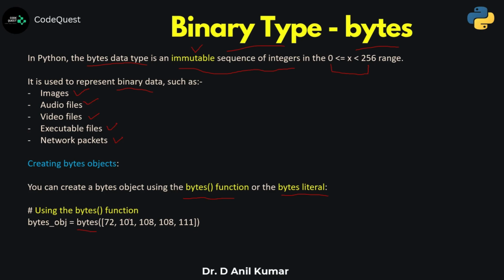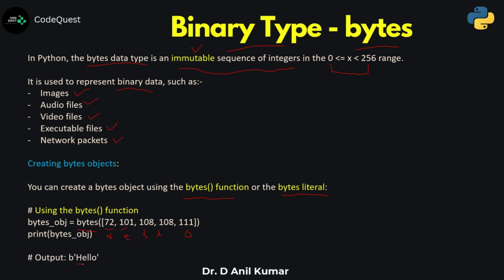Within this I am preparing a list of items like 72, 101, 108, 108, 111. When this object is created, its corresponding alphabets are considered: 72 represents H, this represents E, then this is L, this is L, and this is O. By the end of this, when I print the value of this bytes_obj, we are going to get the output as hello.